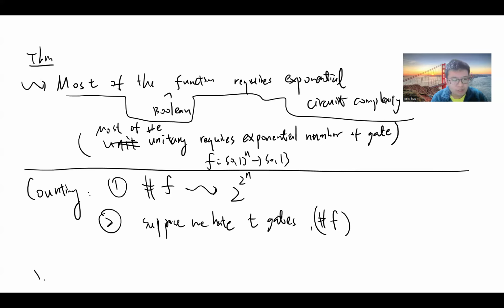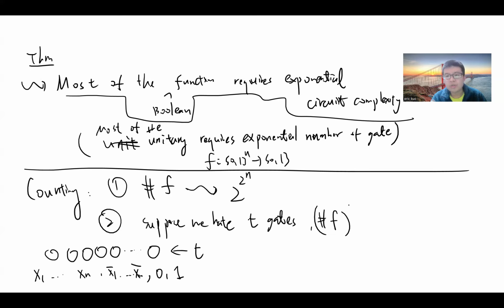Let's say I have x1 up to xn, and also x1 bar up to xn bar, so I can do the negation, and I also have constant inputs 0 and 1, and I have t gates. Okay, so we can neglect NOT gates, because I can use these negations. So I can assume that I only have AND and OR gates.